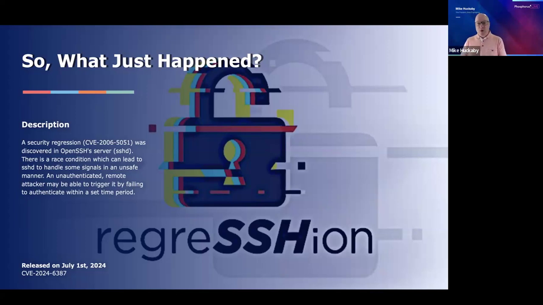Again, it allows for remote execution of code in an unauthenticated fashion with certain versions of OpenSSH server, which is really, really critical. One of the things that just blew me away is that their search using Shodan and other tools found about 14 million different instances of SSH publicly available on the internet, vulnerable SSH servers out there, which is a huge concern and a massive reach for this vulnerability.